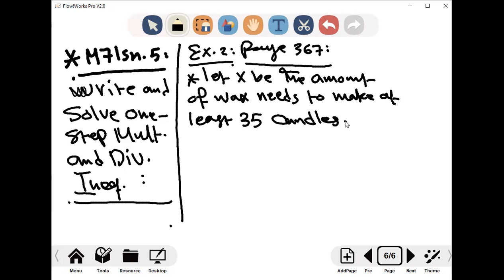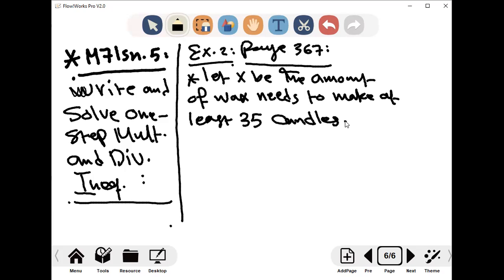Continue. Write and solve an inequality to determine the amount of wax she needs to buy, then interpret the solution. Okay, fine. Now we have this big amount of wax, and we need to take small parts from it to make what?